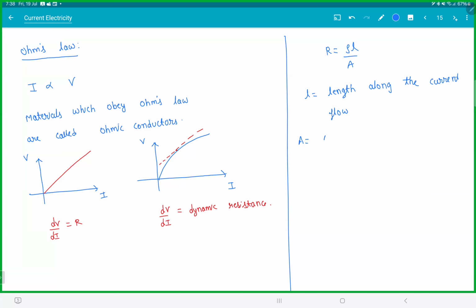A is the area perpendicular to the current flow. Clear? Going ahead.